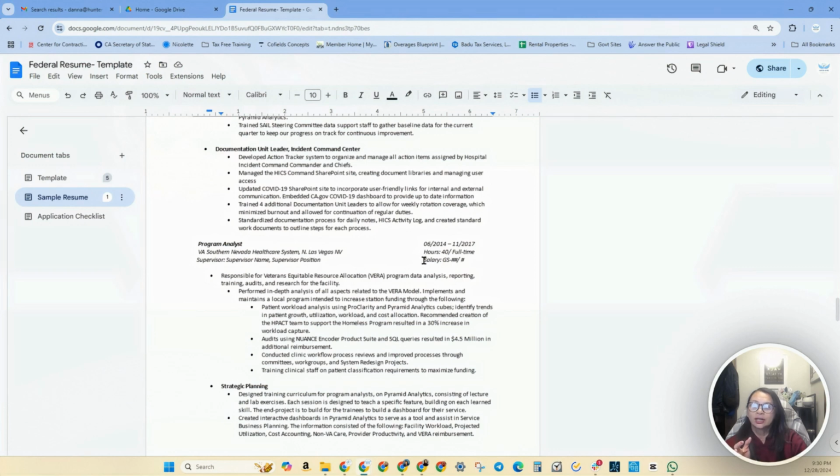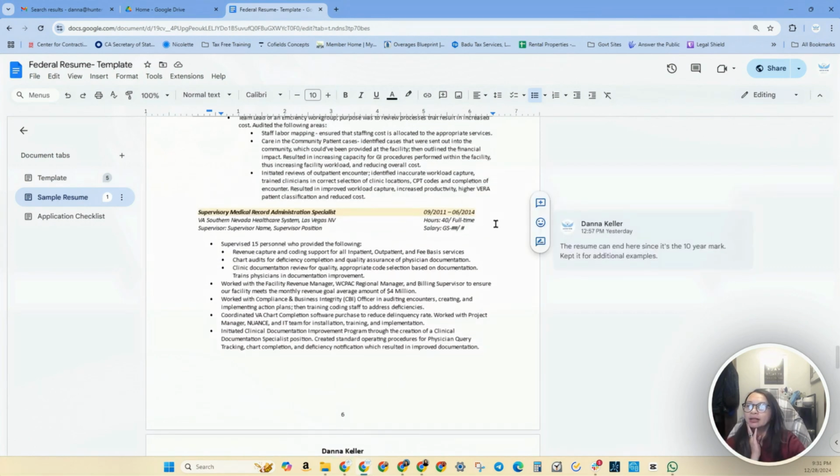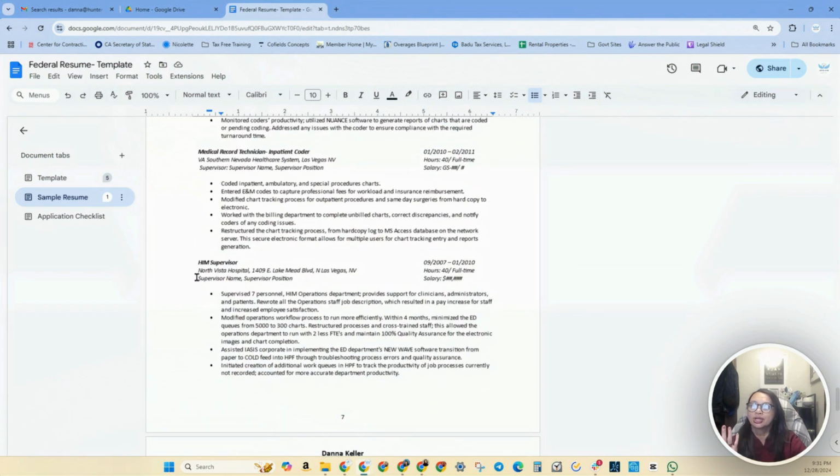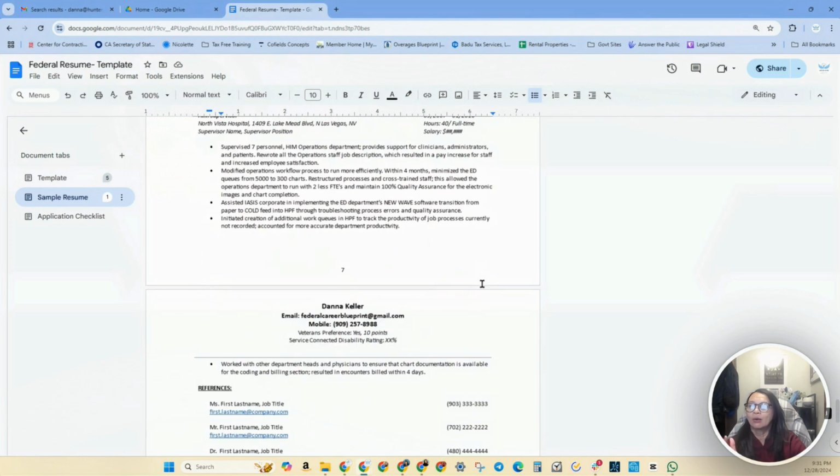The way this reads is basically GS, the grade, and then the step. I can actually remove and stop here because this was basically my 10-year mark, but for the sample I wanted to keep it because there's actually a civilian position here to show you an example of what that looked like. I don't have an hourly one.